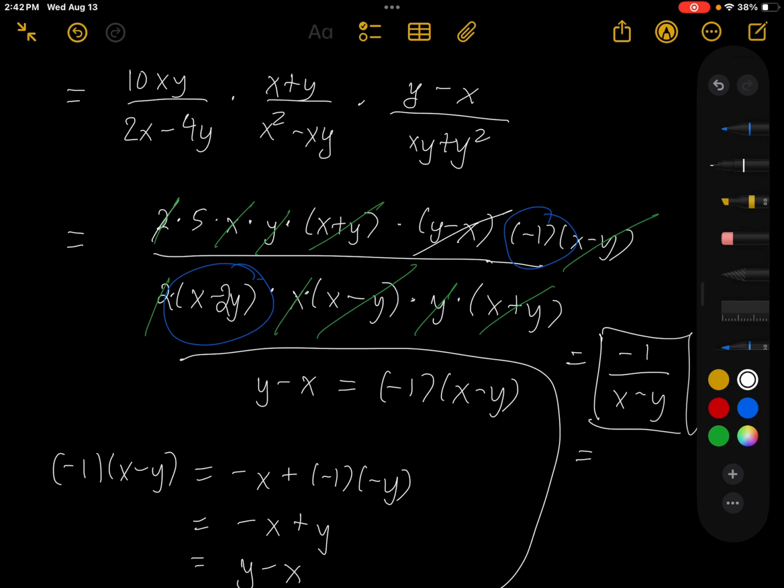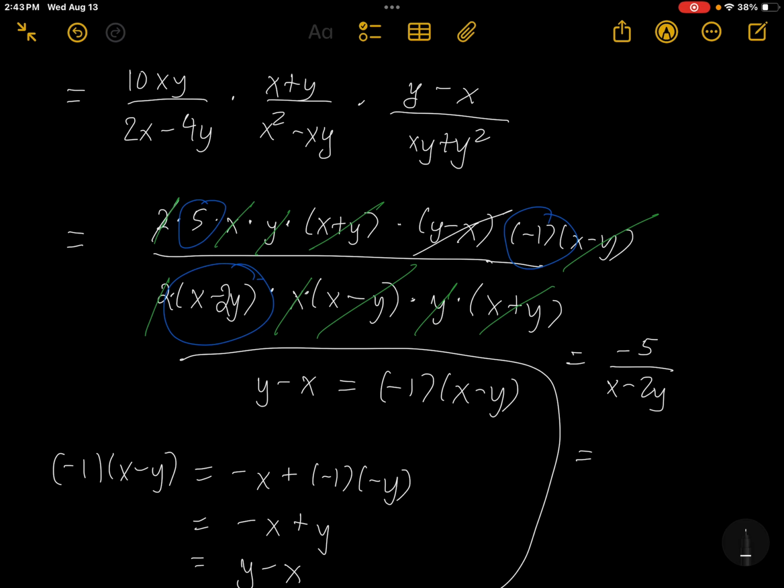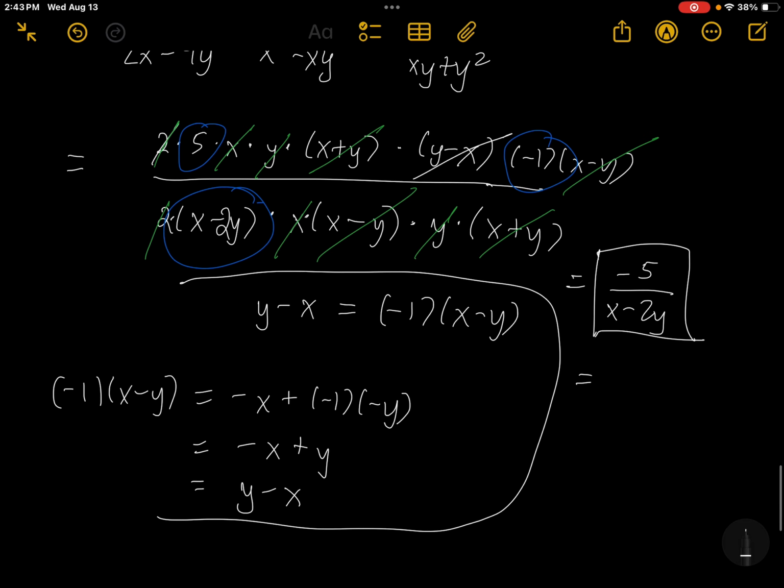This should be x minus 2y. Okay, and I also didn't see the 5 here. So actually I should have -5 on the top, and then okay, let's try this one more time. So I should have -5 on the top, and on the bottom I have an x minus 2y. There we go. This is perfect.